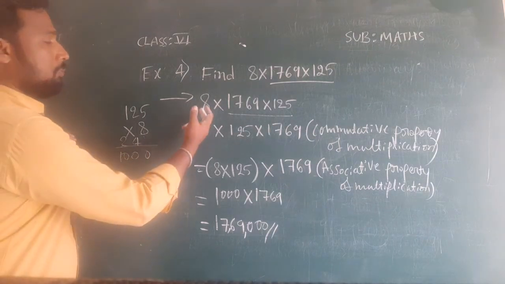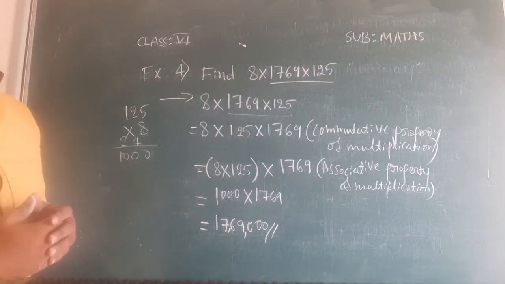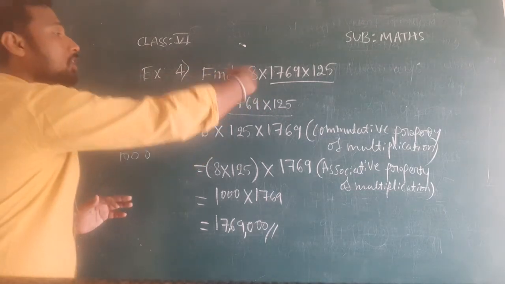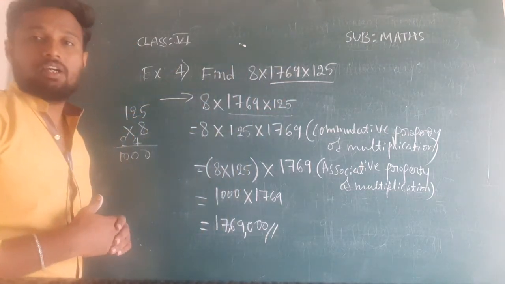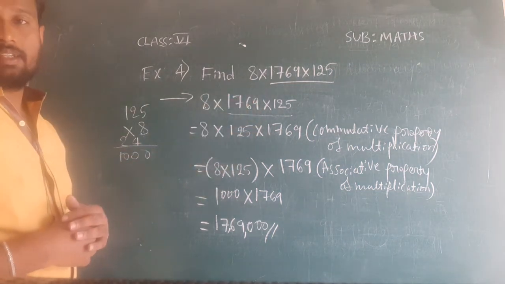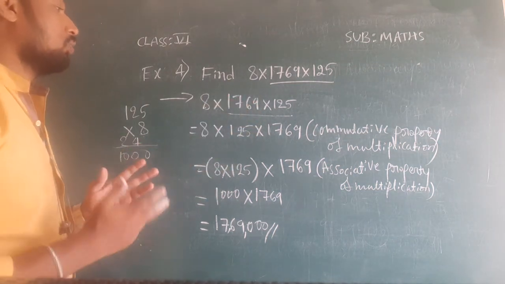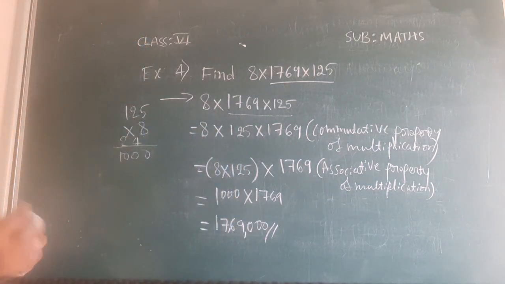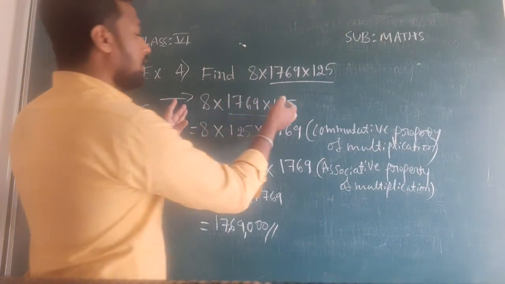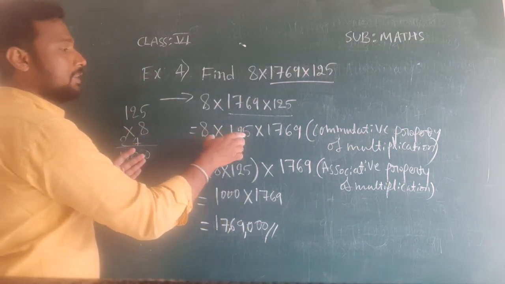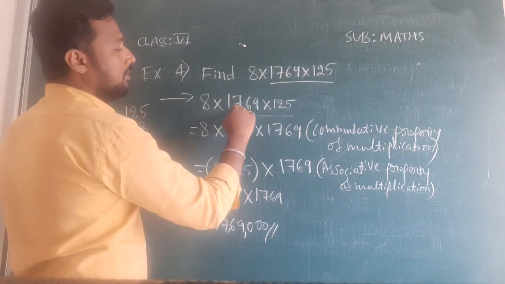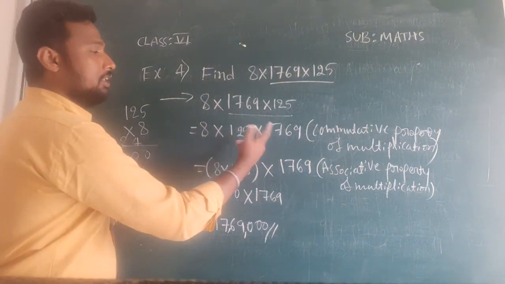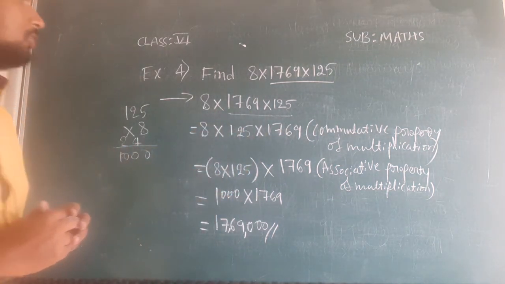If you multiply this 8 into 1769, you will get a bigger number, and for that you have to multiply with 125. That is difficult for us, so what we did here, we simplified this problem by using commutative and associative property. So we have taken this 125 here and 1769 we considered as the third term. We just interchanged the values according to commutative property.